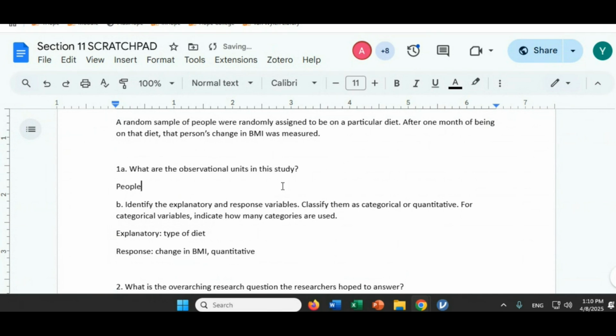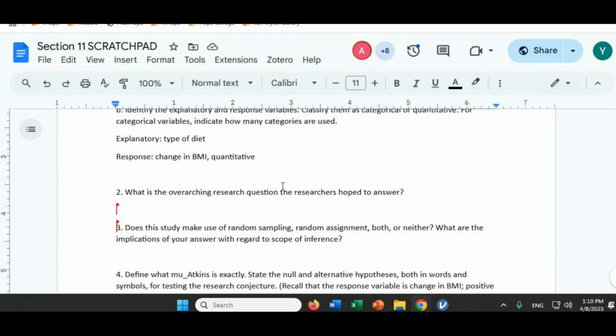There are people who cannot differentiate between the variable and the unit. The unit is the thing that you measure the variable on. So don't conflate the two. The observational unit is the thing you measure the variable on. All right? The people are the observational unit. You observe them and you measure the things on them.